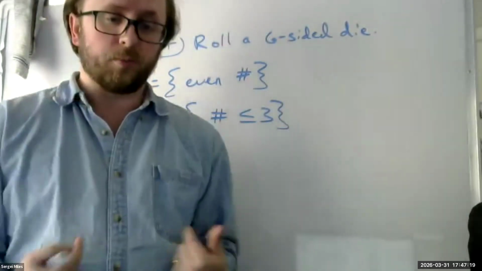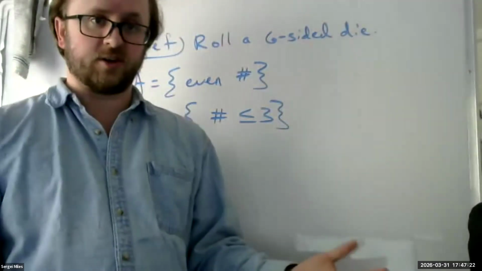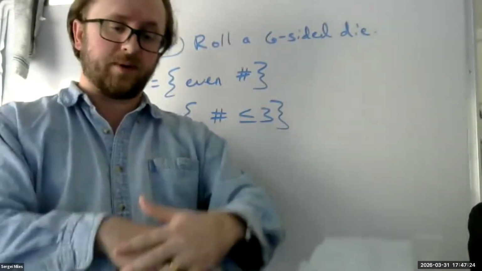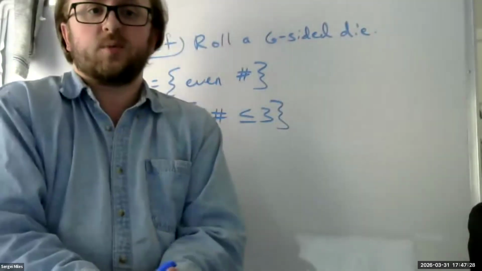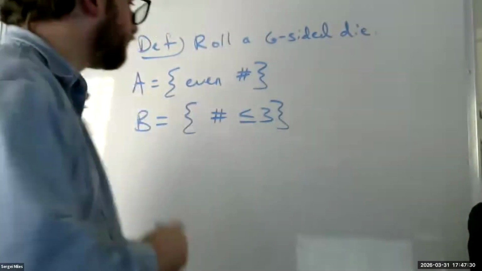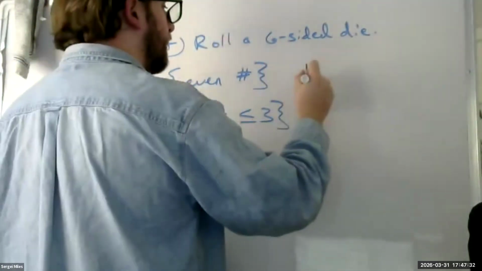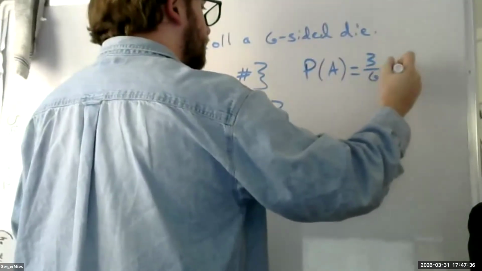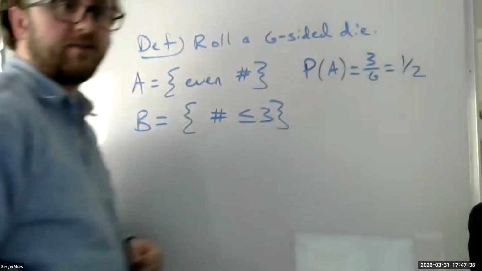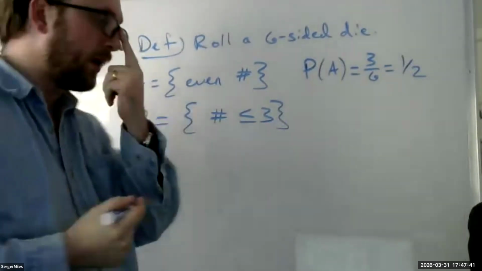Normally, we'd roll it and then we'd look and we have our answer. But if I roll it, cover it up and tell you it's a number less than or equal to 3, I'm changing what the possible outcomes are. The probability of A, ordinarily, would be 3 out of 6, or in other words, 1/2. We've seen this before.